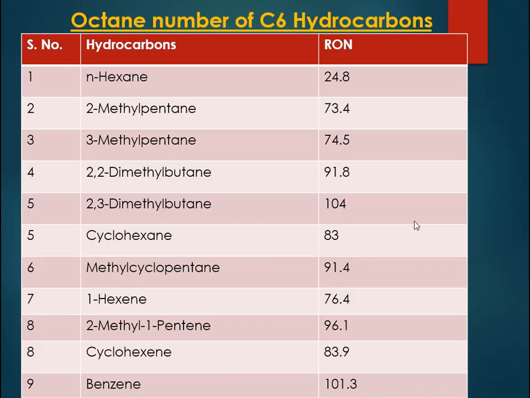This statement will be wrong, because even one type of isoparaffin has higher octane number than benzene, even for a fixed carbon number. Similarly, for naphthenes, you may say that some have higher octane numbers, for example cyclohexane, compared to one type of isoparaffin, but another type of isoparaffin has higher octane number compared to these naphthenes, and the same goes true for olefins. So there is no direct relation; it depends on the structure of the molecules.